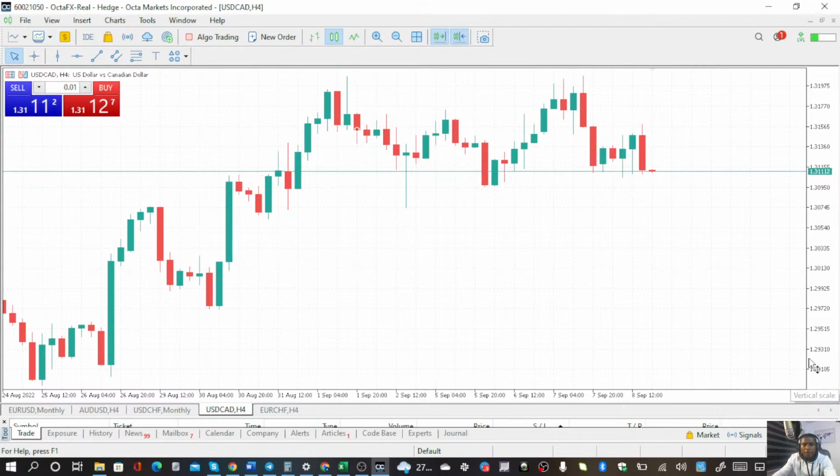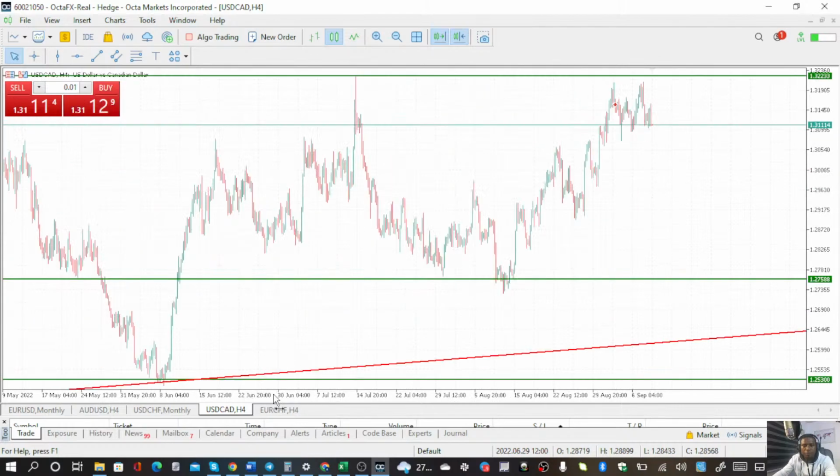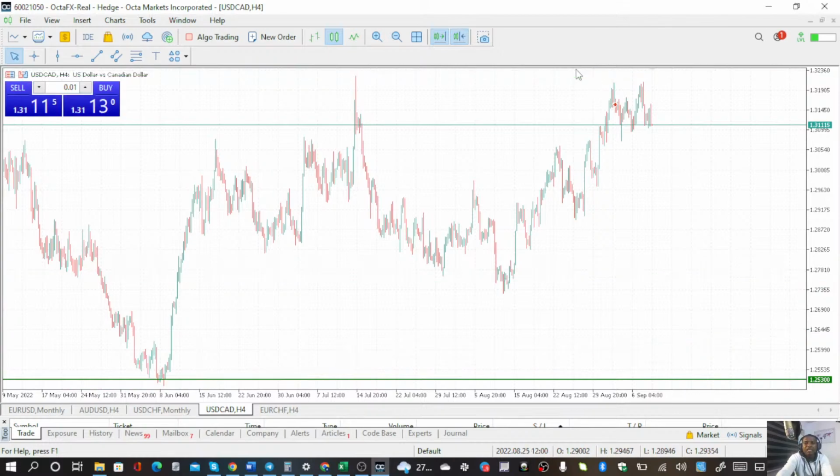Okay, good. So let's jump straight to what we have here. All right. So as we can see, we are analyzing the USD CAD, the US dollar and the Canadian dollars.